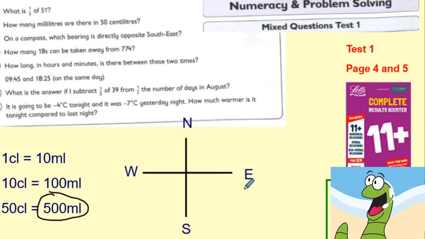Then that'll be east, and then we come to southeast. It says which one is directly opposite, so there. If we go around, that becomes southwest, then west, and then northwest. So your answer is northwest.